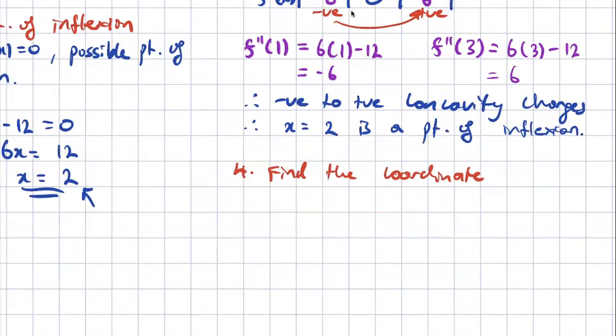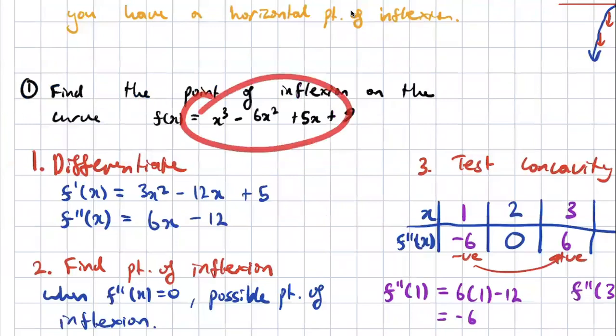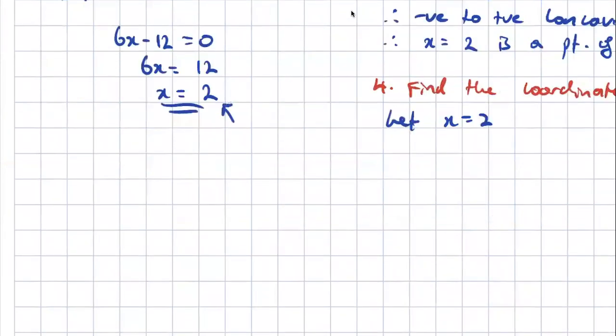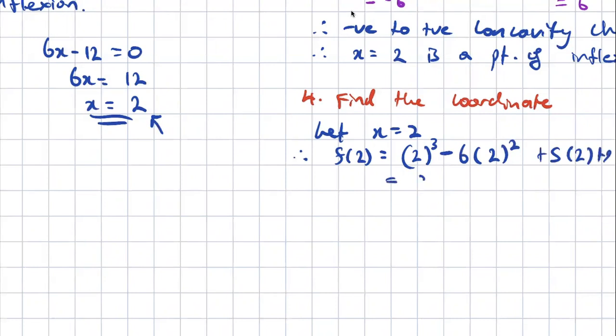So I'm going to let x equal 2, and put that back into the original function, up here, to find the y value. So f of 2 is equal to 2 cubed minus 6 times 2 squared plus 5 times 2 plus 9, and that all comes out to, if you're using your calculator, 3.